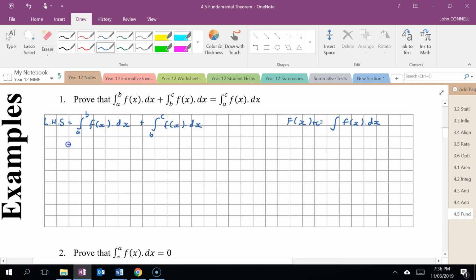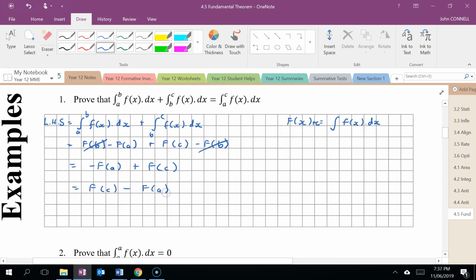Okay, now using that idea, I'm going to get F of b take F of a plus F of c take F of b. And if we go through and do that, I've got F of b here and take F of b there, so those F of b's will cancel. I'll get minus F of a plus F of c, which is F of c take F of a.